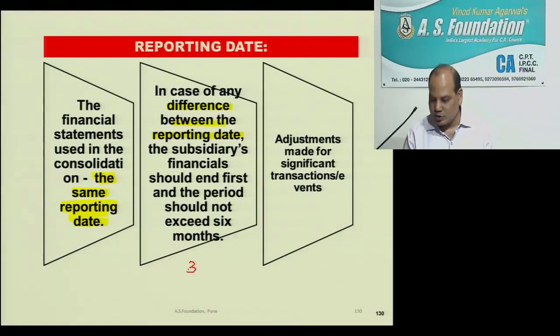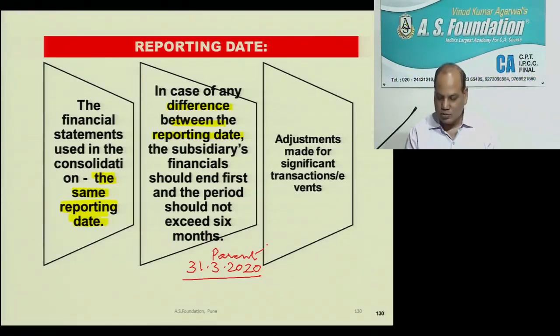Subsidiary. For example, suppose the year ending date of the parent company is 31st March 2020. So what is the maximum gap allowed? 6 months. So 30th September 2019 subsidiary's balance sheet.